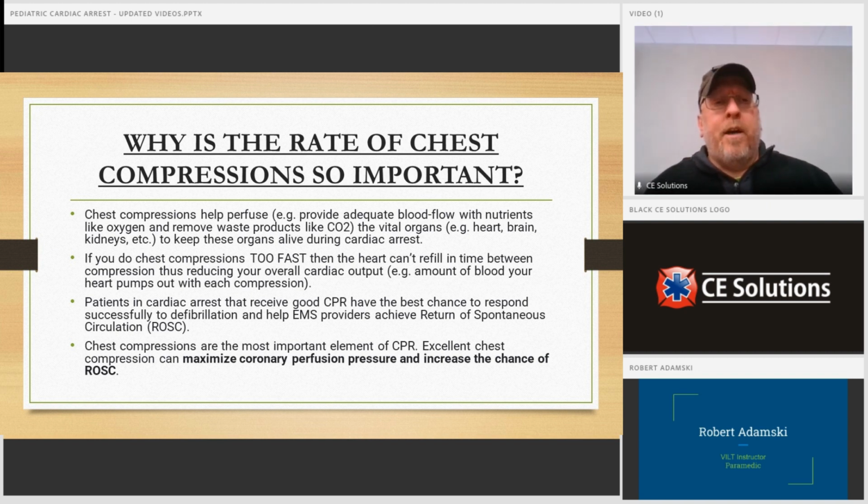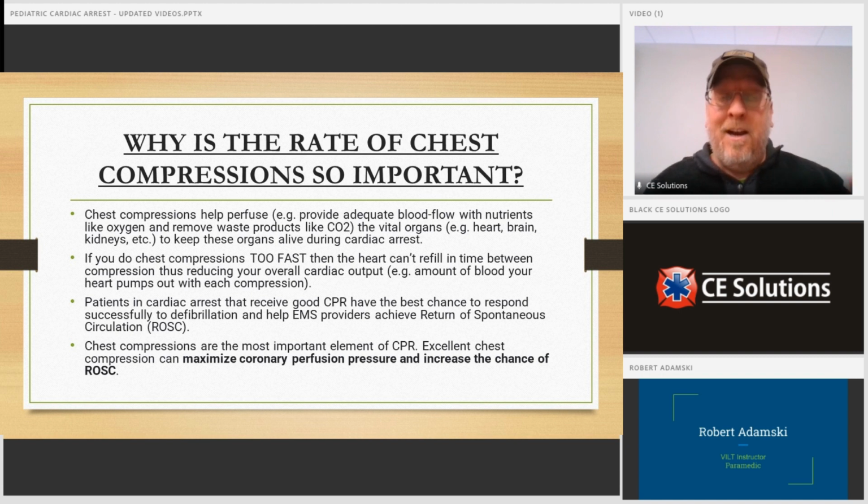Okay. So realize that lack of perfusion, because you're doing inadequate or improper chest compressions, is going to decrease the perfusion to the vital organs. That's going to cause problems.